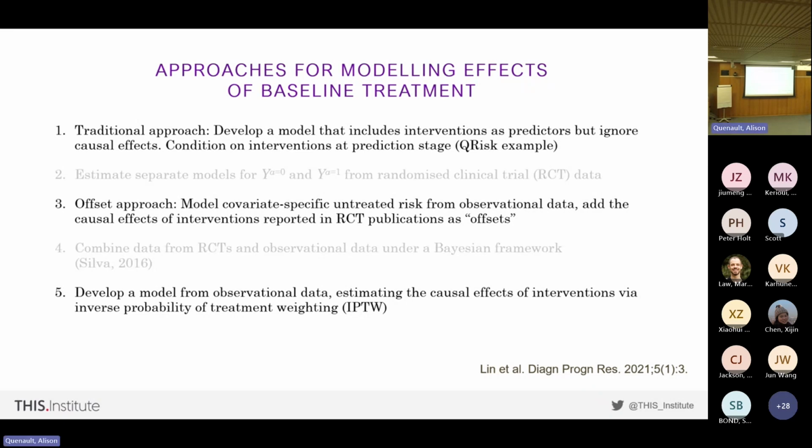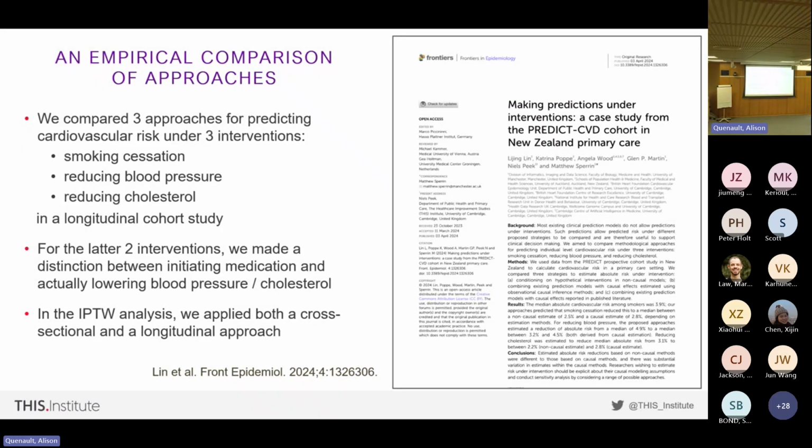The one thing we also did is an empirical study where we selected 3 of these 5 approaches, not the 2 where you need access to individual patient level trial data, so not 1, 3, and 5, but the remaining 3, and compared them in a study where we had data from primary care from New Zealand, the PREDICT cohort.